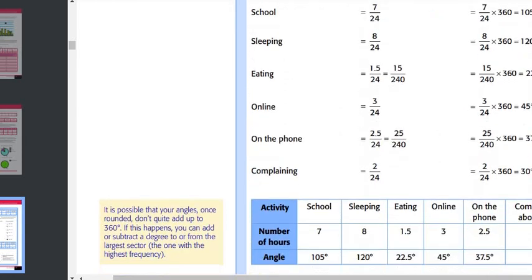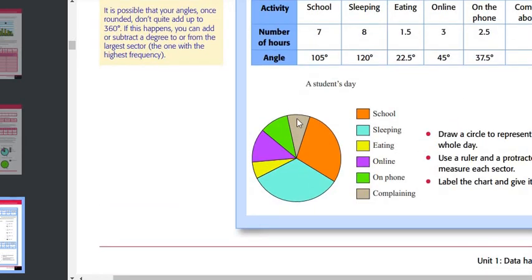And once you have the degrees, you can use a protractor to draw the pie chart. Here, you draw a circle to represent the whole day, use a ruler and a protractor to measure its sectors, label the chart, and give it a title. You give it a title, you use a protractor to measure the angles, and for each sector of the circle, you use a different color, and this is the key.